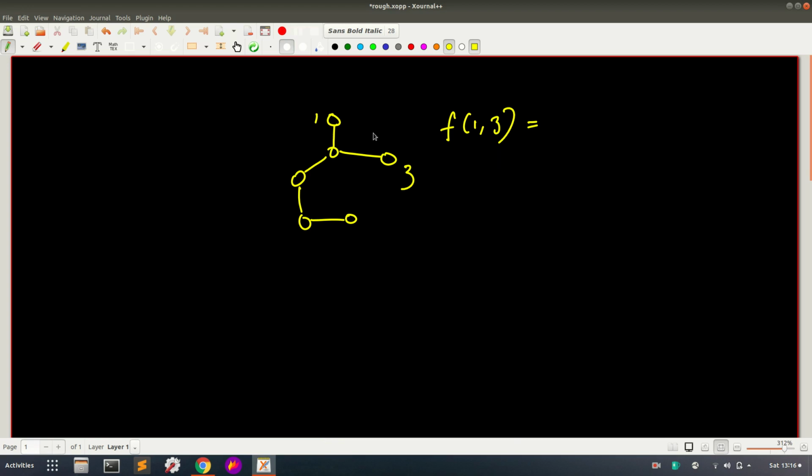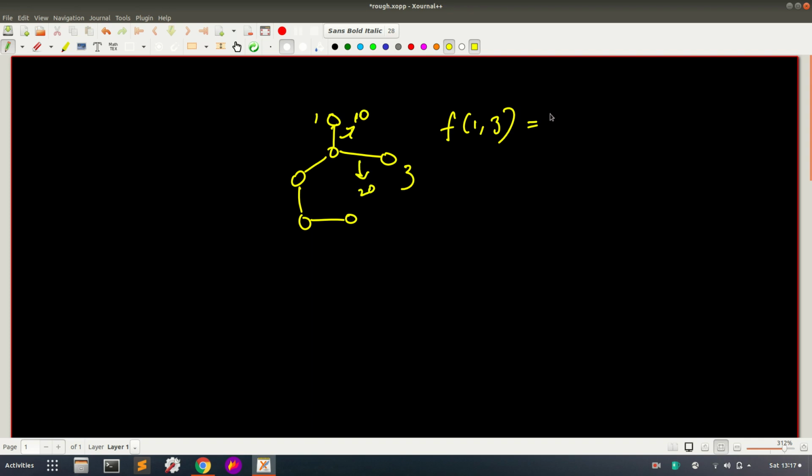Now the value f has been defined as the sum of numbers from U to V. Let's suppose this is 1 and this is the third node, and this edge has a number, let's say 10 on it, and this is 20.